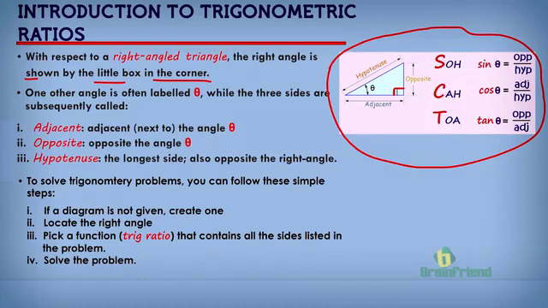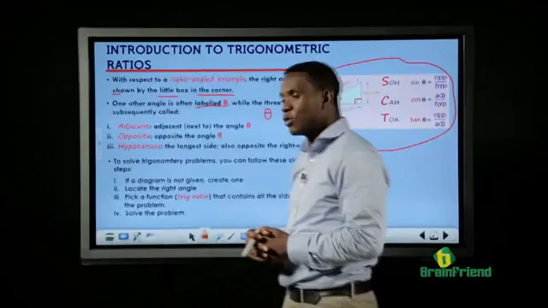The angle in question is usually written with the sign theta. It could be any other symbol, but most times we make use of the symbol theta. So we have our angle in question here, the angle we are interested in, which is our theta there.